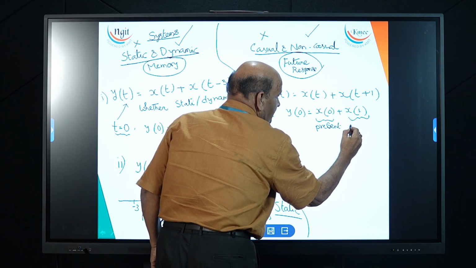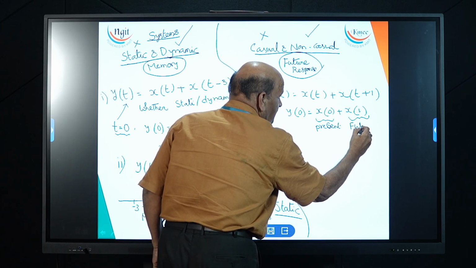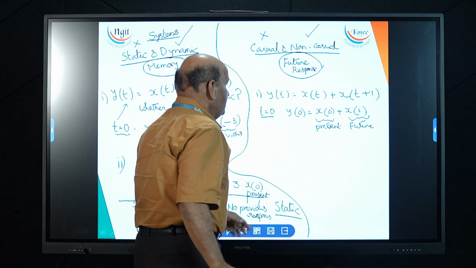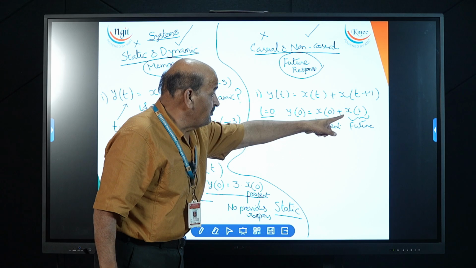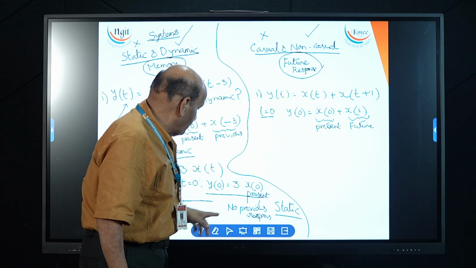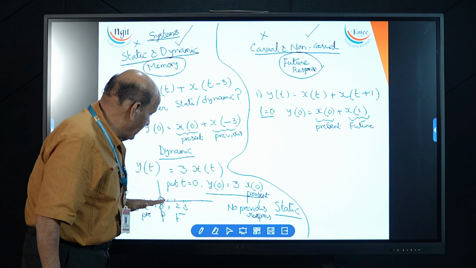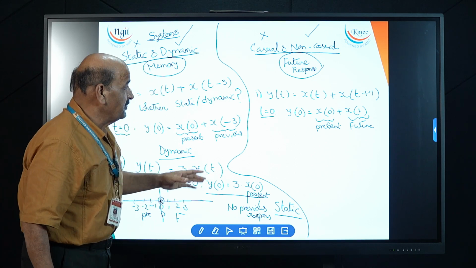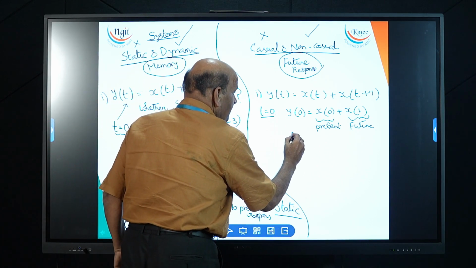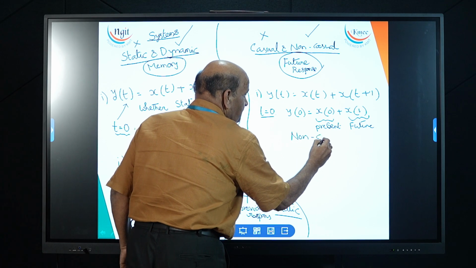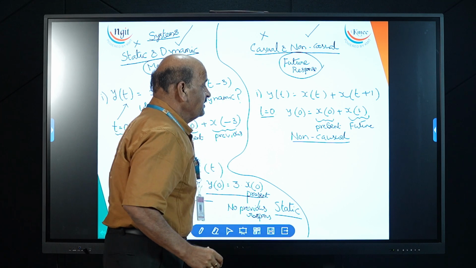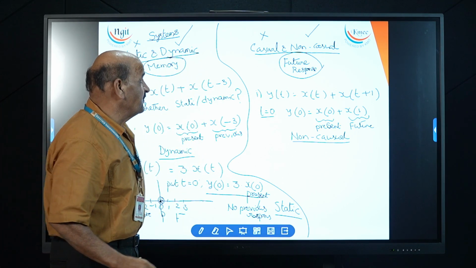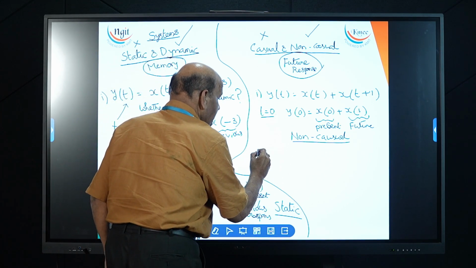Here x of 1 is called what? Future response. Therefore, the system not only depends upon the present response, but also depends upon the future response. Future means what? On the scale we are moving towards the right side. So this system is called a non-causal system.